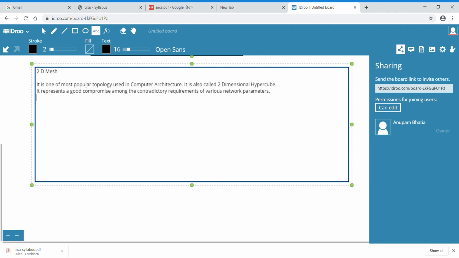The diameter, the parameter d, will be equal to 2 into (square root of n minus 1). Now I have to use a freehand tool because I have to mark the square root symbol.